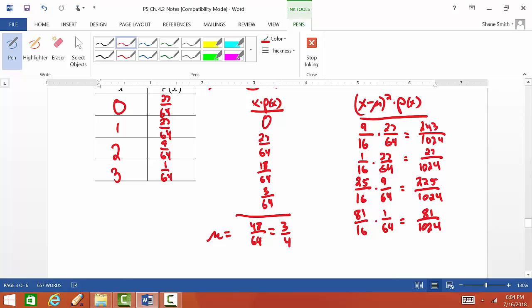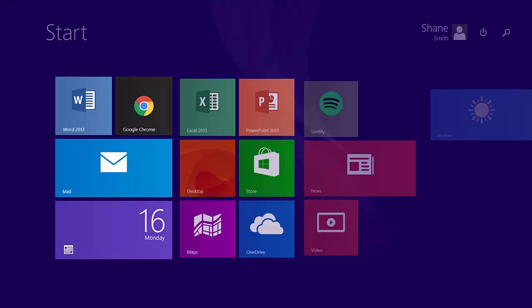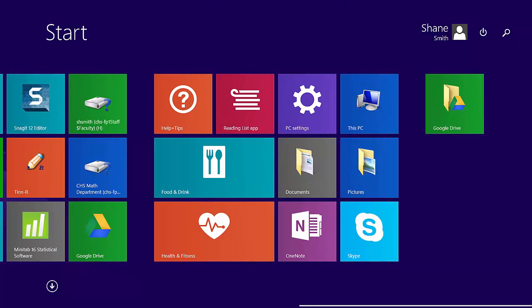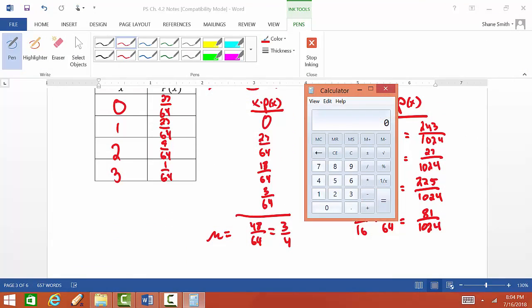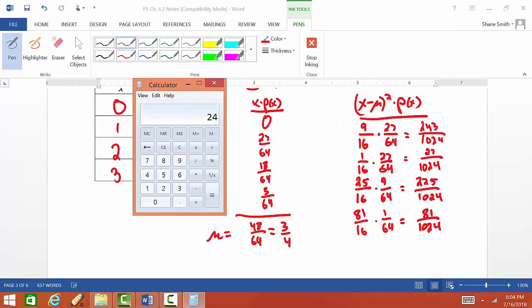Okay, and let me double check that I did this all correctly. Let me get my calculator here. 243 plus 27 plus 225 plus 81 is 576 over 1024. Yeah, that's right.